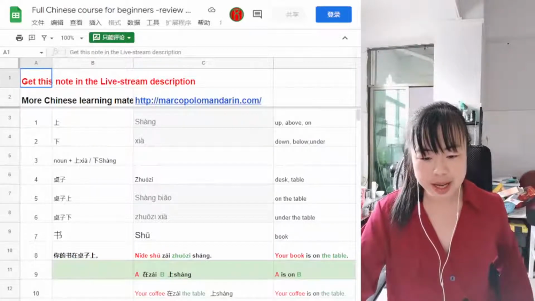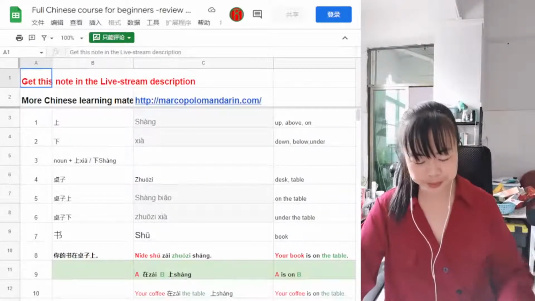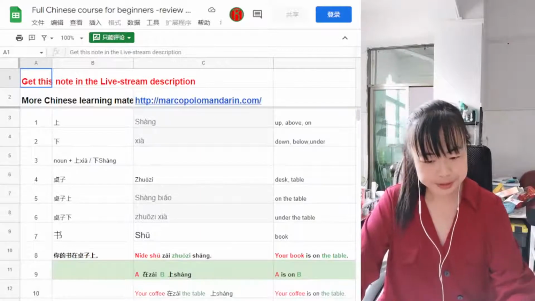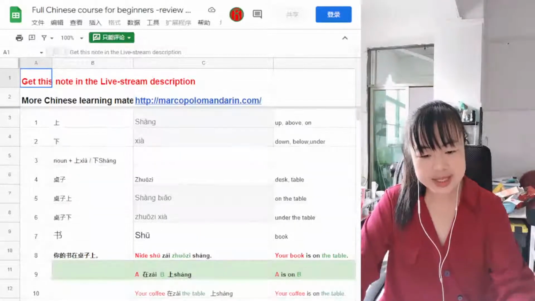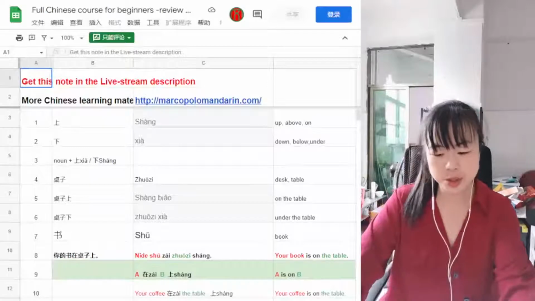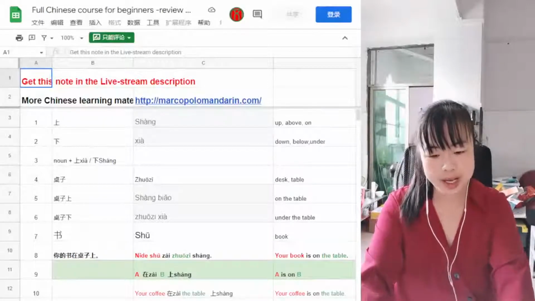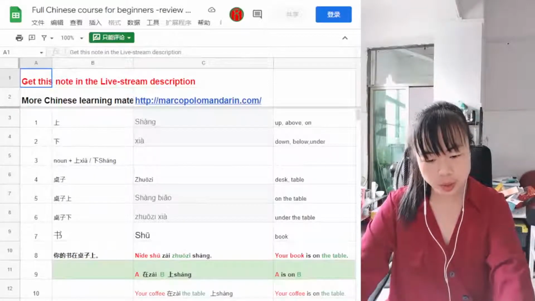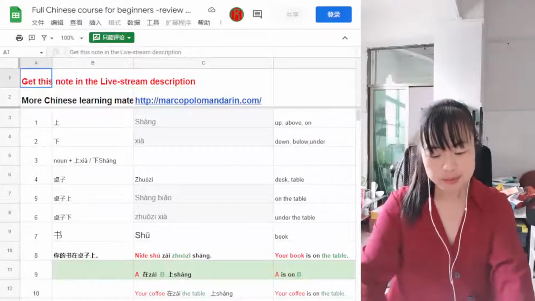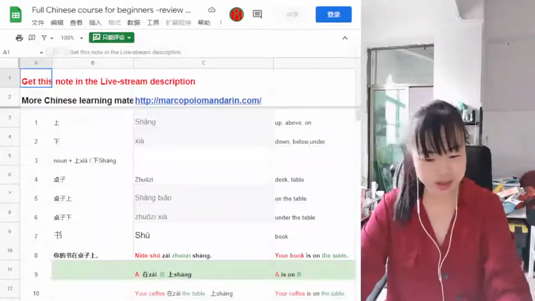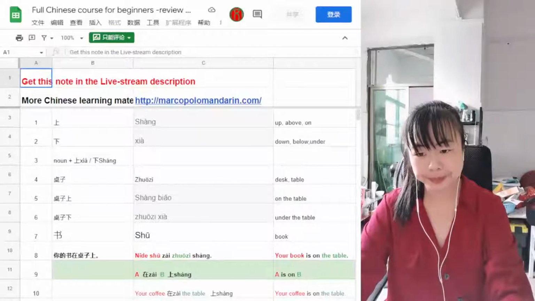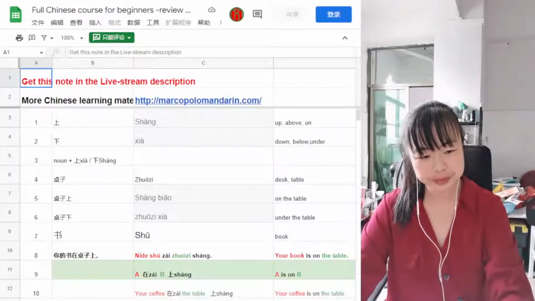Okay, now let's copy and paste the pattern from the last one. A 在 B. Okay, we just change the 里 to 外 or 外边. Just change the 里 with 外, right?